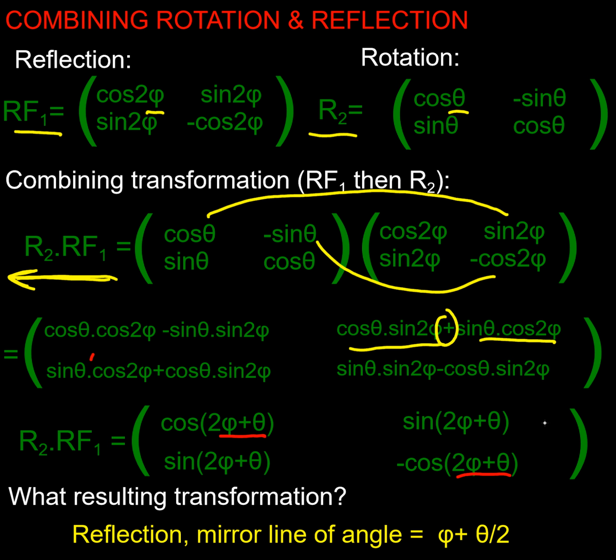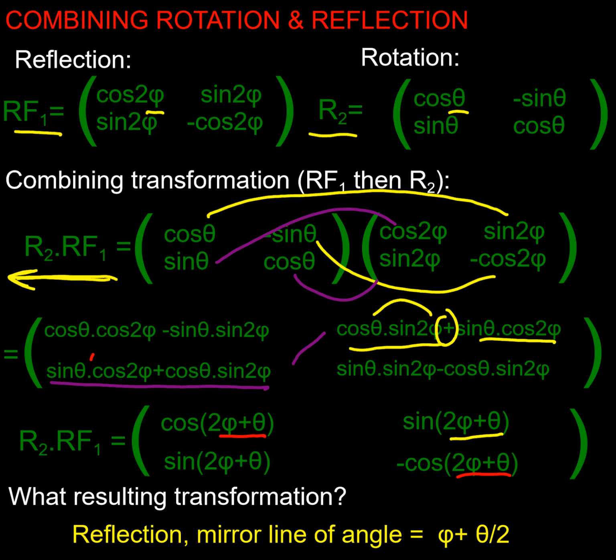If this is a positive here, we know from our compound angles that we're adding the two angles inside there. So I'm getting the sine of 2 phi plus theta. And if I go and look in the bottom left, I get the same setup because I've got a sine times a cos, and then I've got a cos times a sine. All of those are positive, so I get exactly the same expression there. So these two are the same.